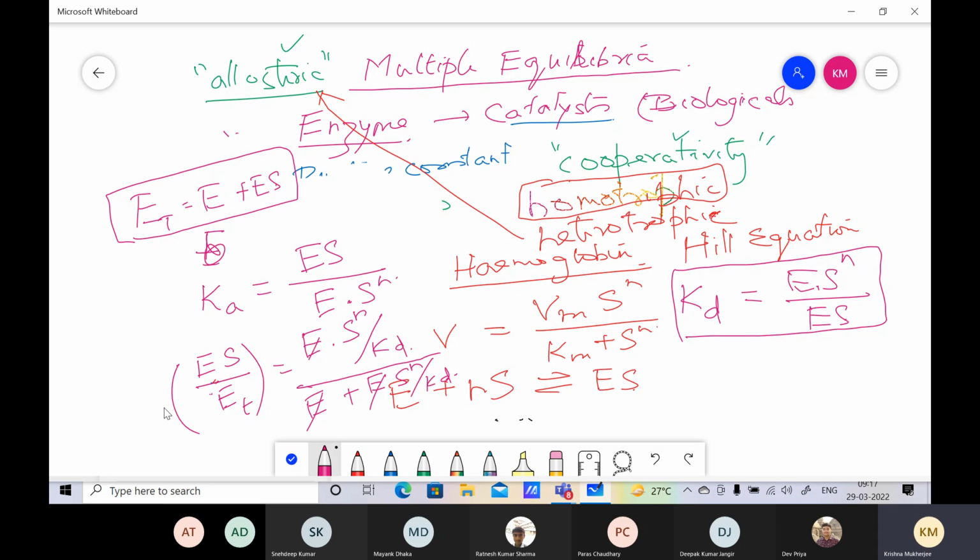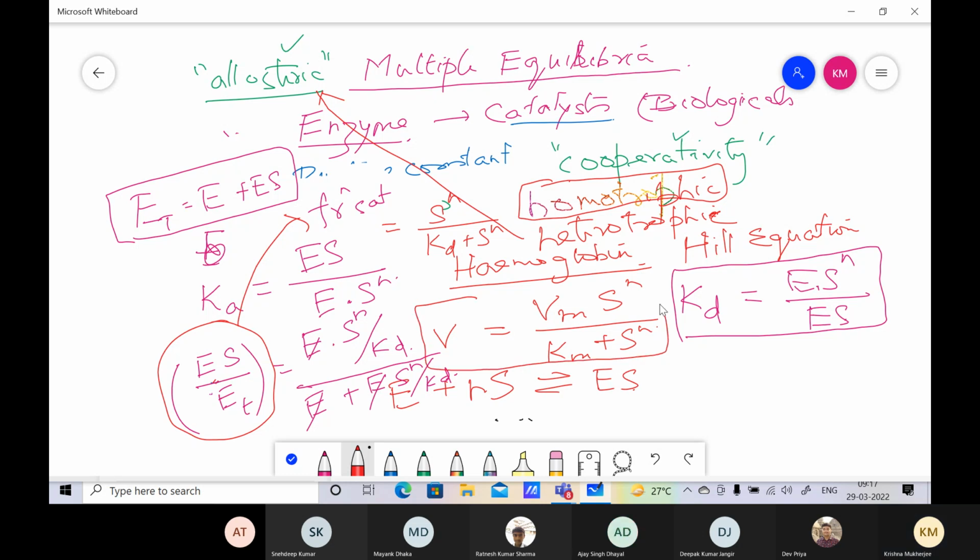ES by ET equal to the fractional saturation, which is this term here, is equal to S raised to n upon KD plus S raised to n. Right? And so we can see that this expression can be derived.